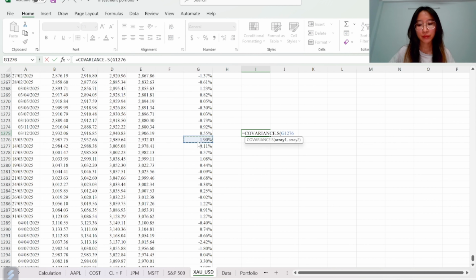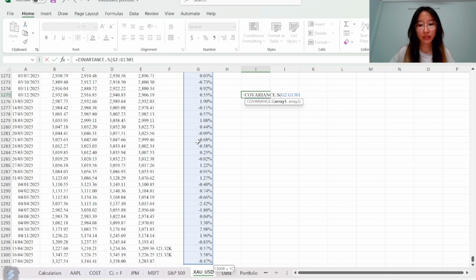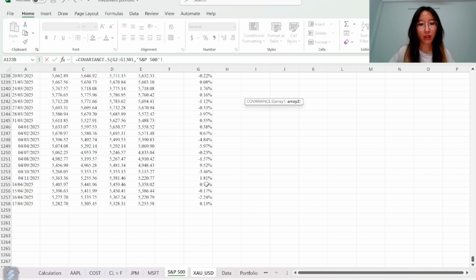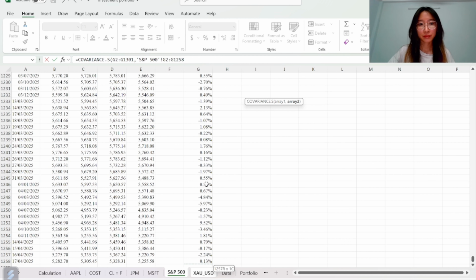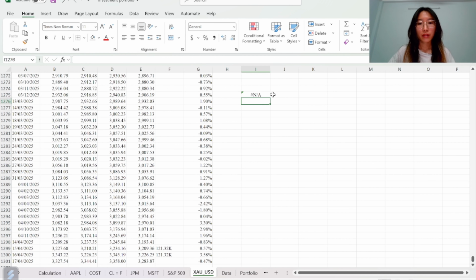For example, we will take the covariance of gold and S&P 500. The result came back NA, so that's further proof of my point. If you want to calculate the covariance matrix and correlation matrix, you gotta delete and eliminate all those extra discrepancy days.